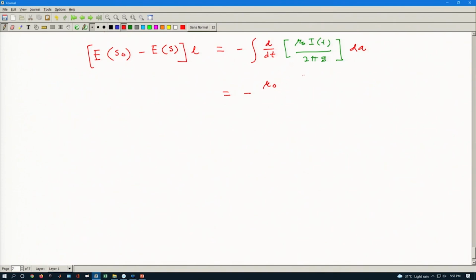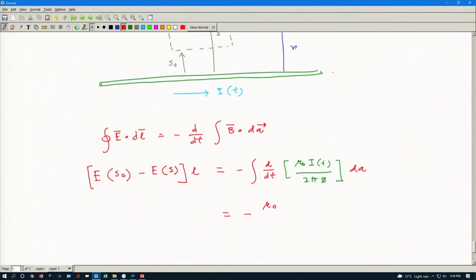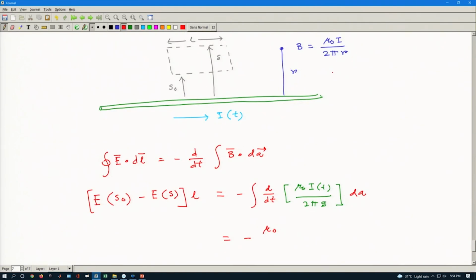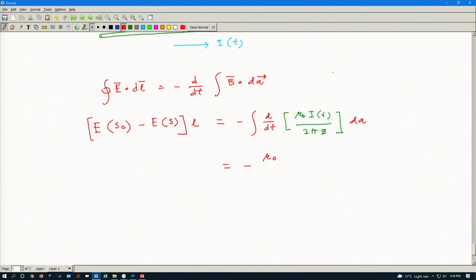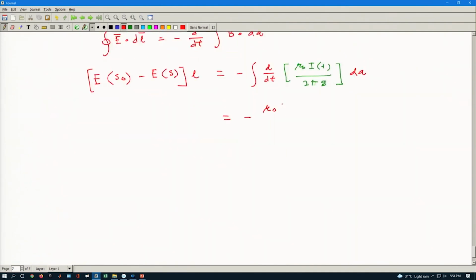Then the area dA is length times distance, so L into S. That means I have mu 0 L divided by 2 pi, and the rate of change of current, which I can also take outside the integral.